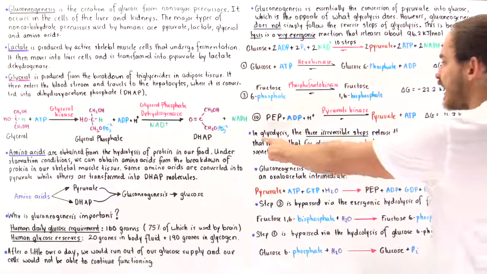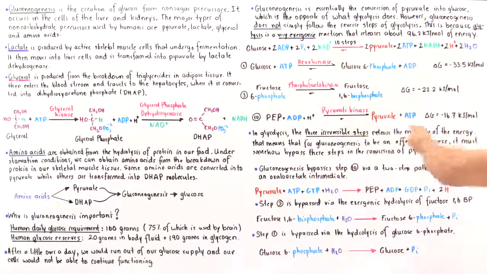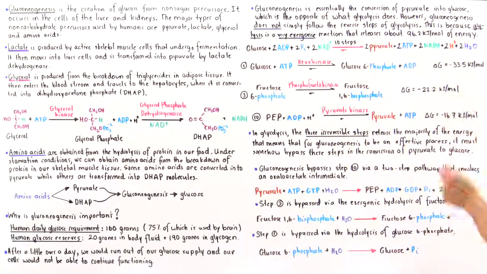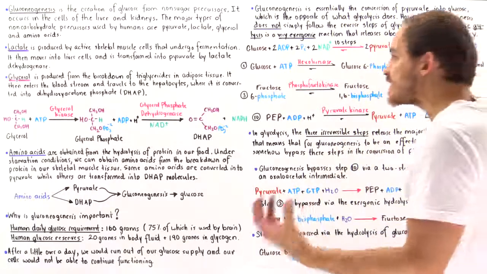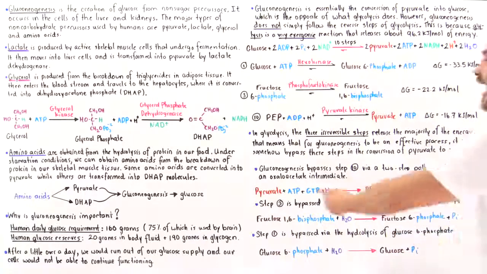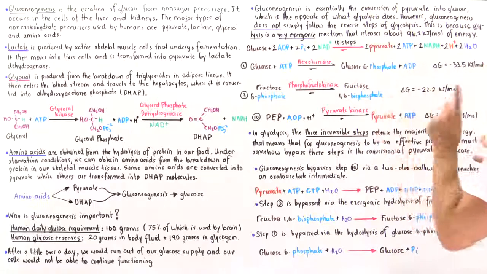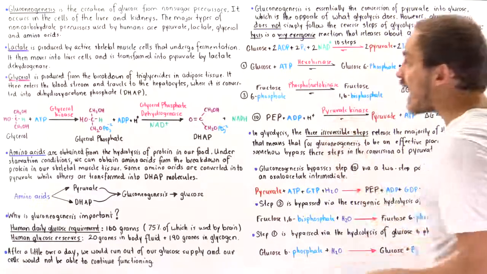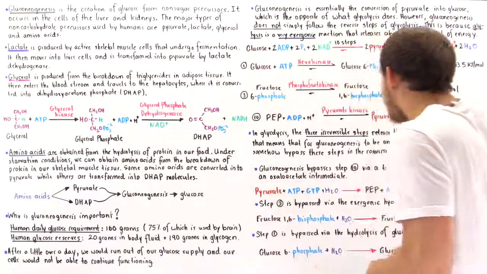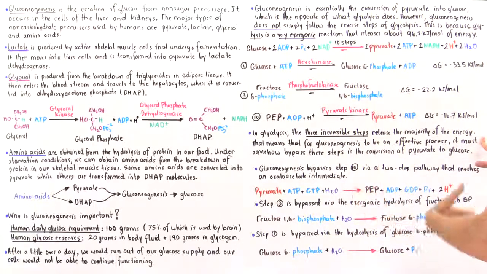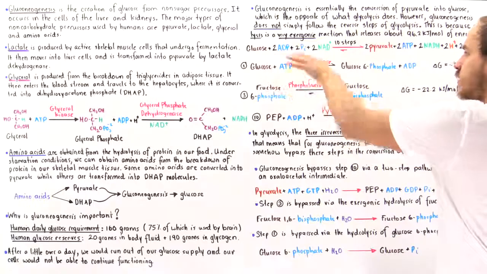So once again, in glycolysis, the 3 irreversible steps release the majority of the free energy in glycolysis. And that means that for gluconeogenesis to be an effective process, to be a spontaneous process, it must somehow bypass these 3 extremely exergonic steps. And that's exactly what happens. Essentially, these 3 steps are the steps that are used to bypass these 3 steps here.